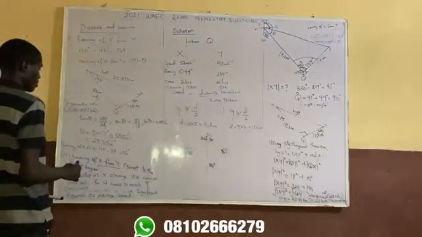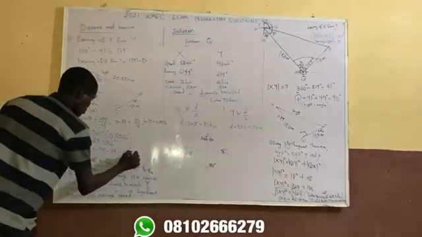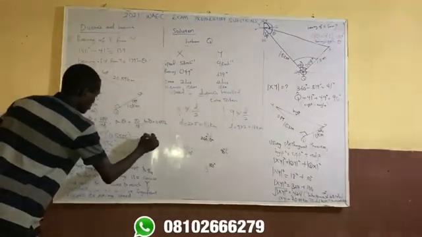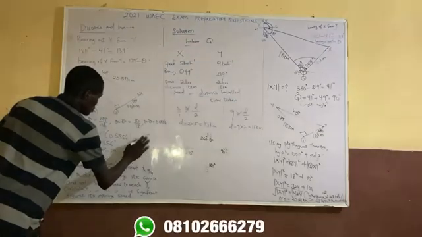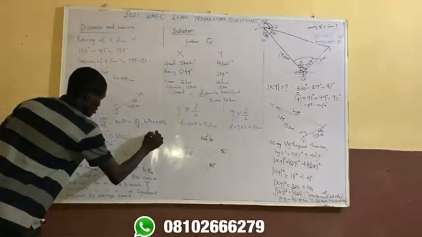So when you subtract this, what do you get? 139 minus 29.056 is 110.0.